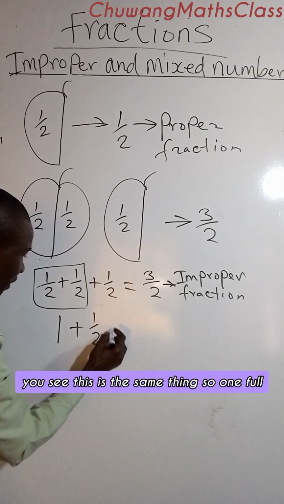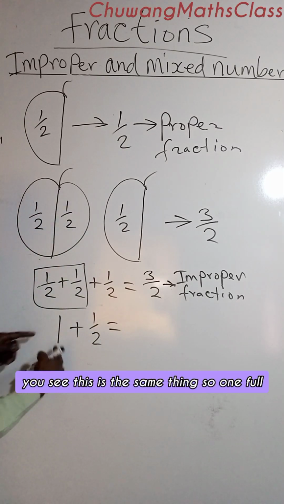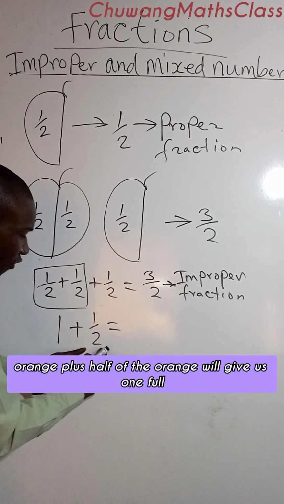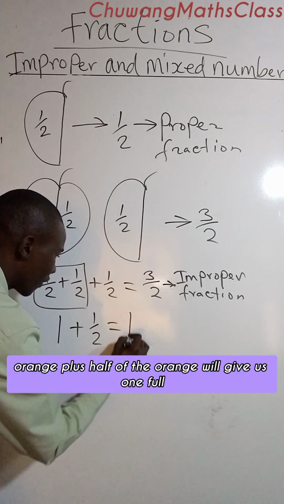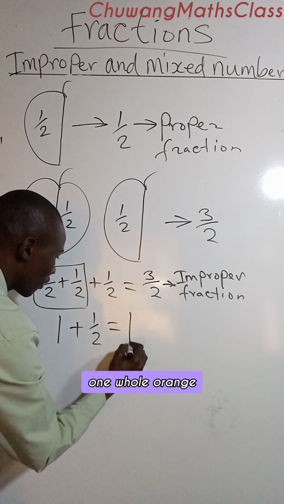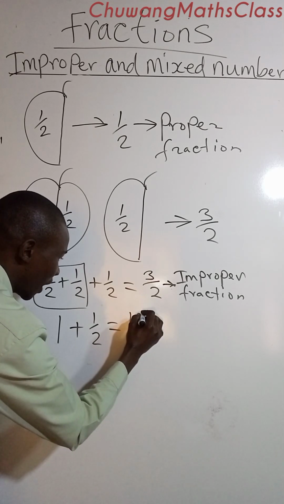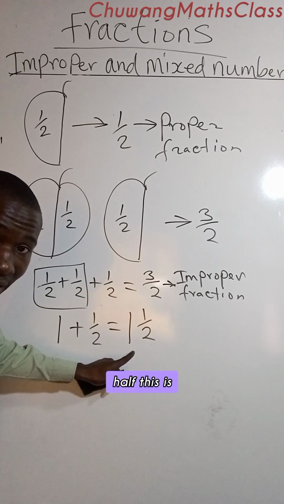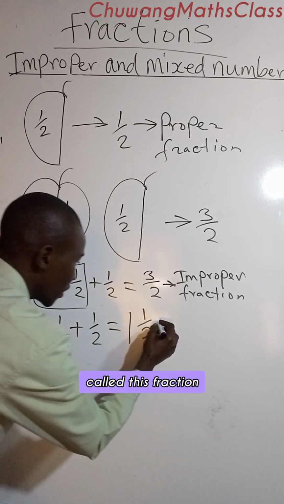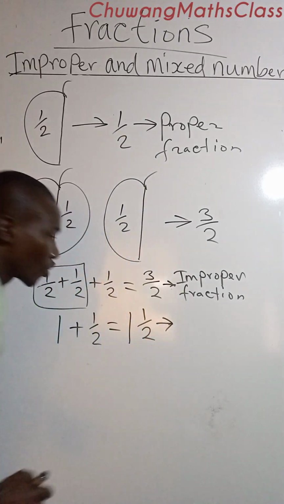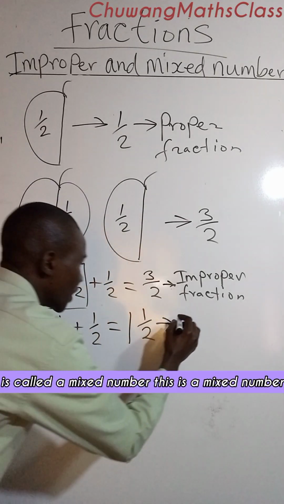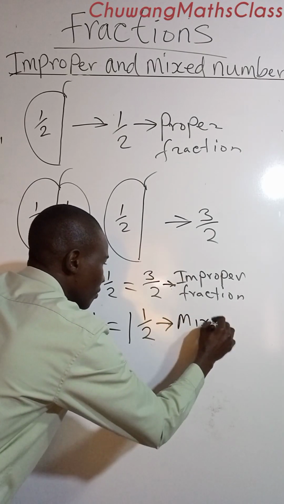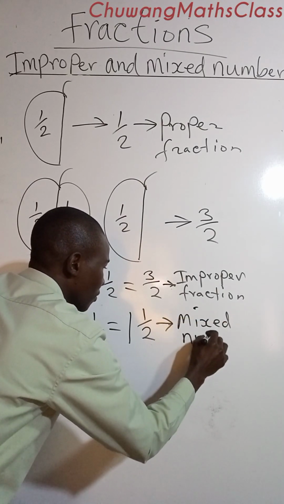Now you see this is the same thing. So one full orange plus half of the orange will give us one whole orange plus half. This fraction is called a mixed number.